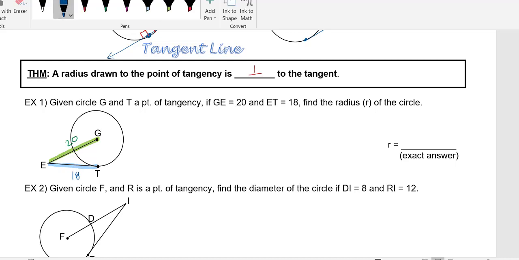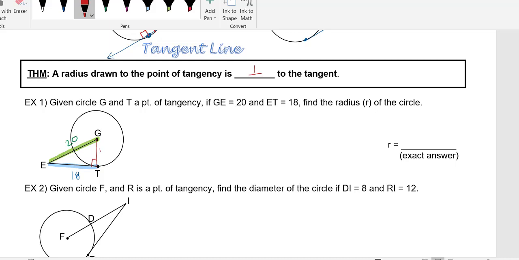We're asked to find the radius. Yes, I see we have that portion, right? This portion of that EG is a radius. Not so helpful though. Let's create that radius to a point of tangency, thus forming our right triangle.